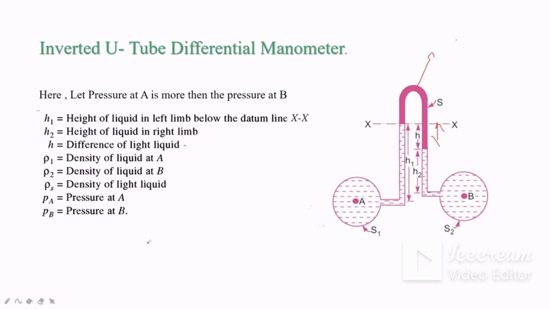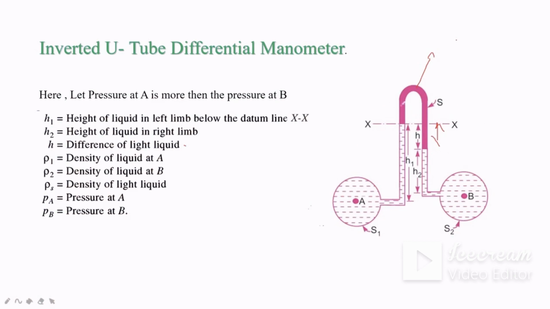So taking xx as the datum line, the pressure in the left limb below xx, in other cases we say above xx, here below xx. So what will be the pressure at A? Pa plus rho 1 G H1, right? In the right limb, Pb plus rho 2 G H2 plus rho s G H, correct?